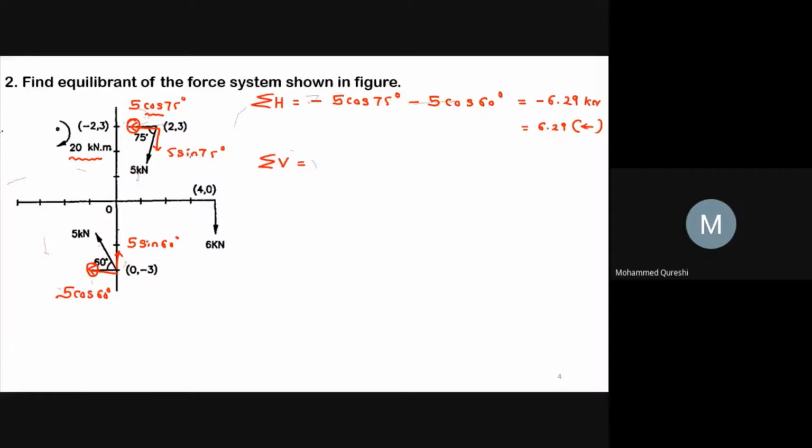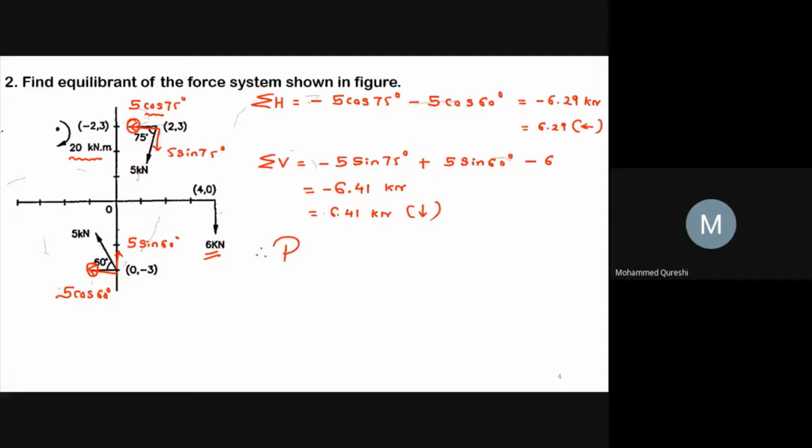So sigma v equals to this, my 5 sine 75 is going in downward direction, so minus 5 sine 75 degree, and this 5 sine 60 is going in upward direction, so plus 5 sine 60 degree, and one additional force 6 kilonewton is going downward, so minus 6. So you will get the value of sigma v as minus 6.41 kilonewton, equals to 6.41 kilonewton in downward direction.